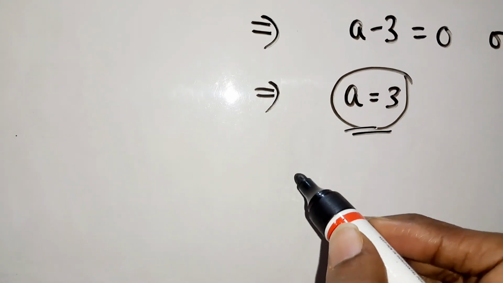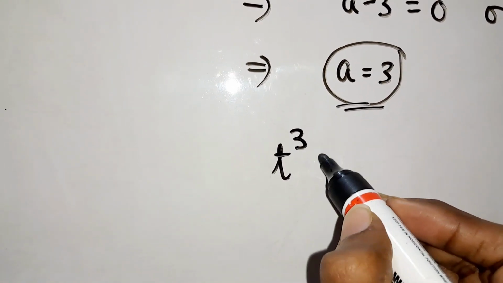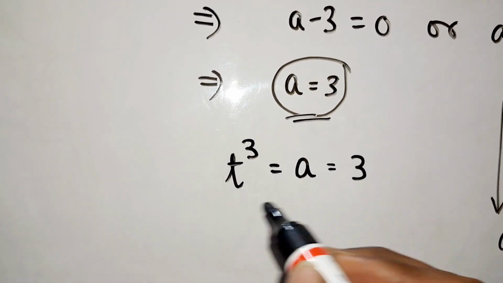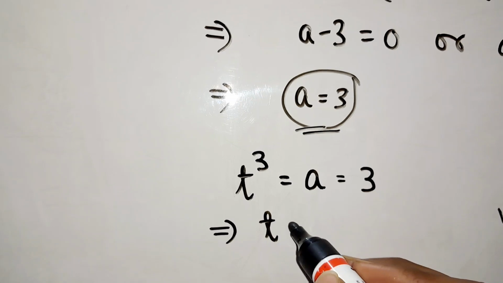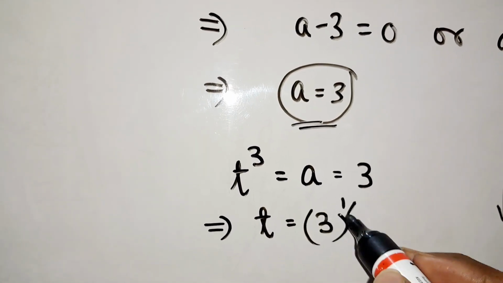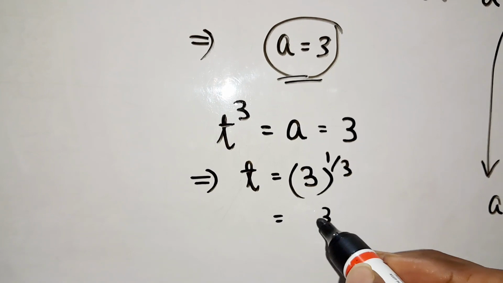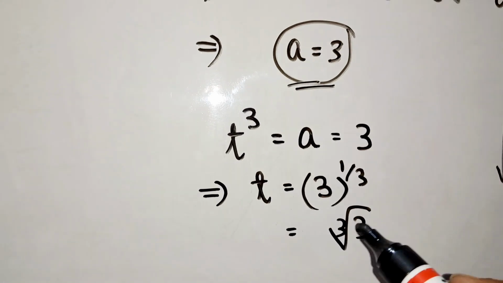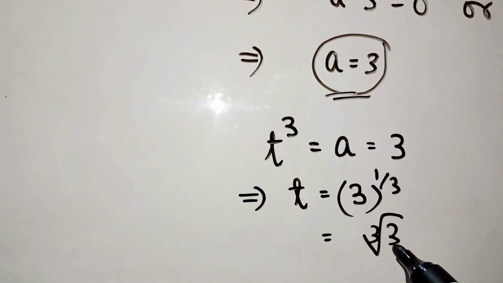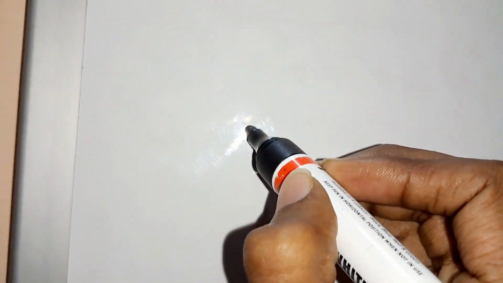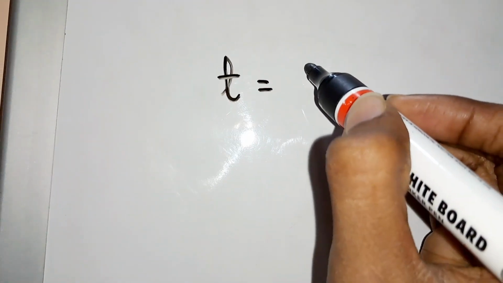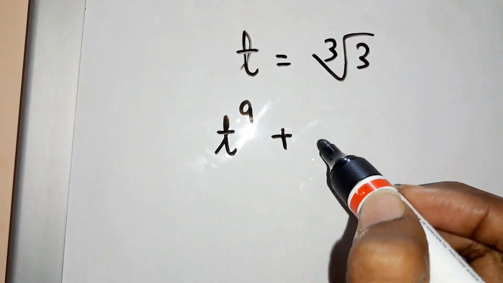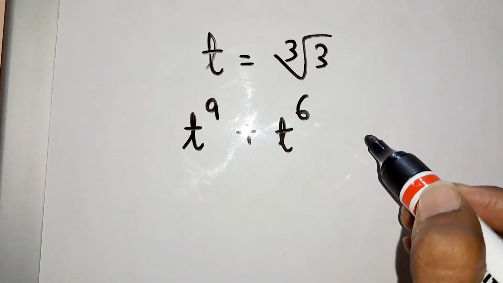Now, since we are concerned with values of t, and we have assumed t cube equals a, which equals 3, what is t? t is 3 to the power 1 by 3, or the cube root of 3. Then we can check whether our answer is correct or not. If we put t equals cube root of 3 in our equation, that is t to the power 9 plus t to the power 6, we must get 36.